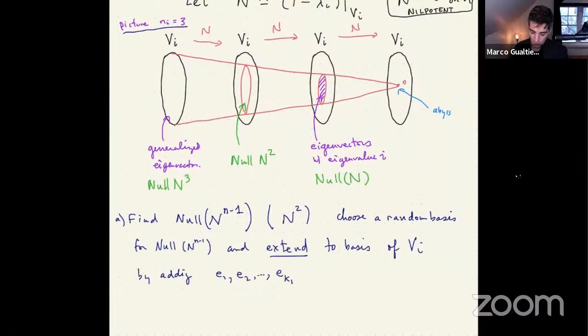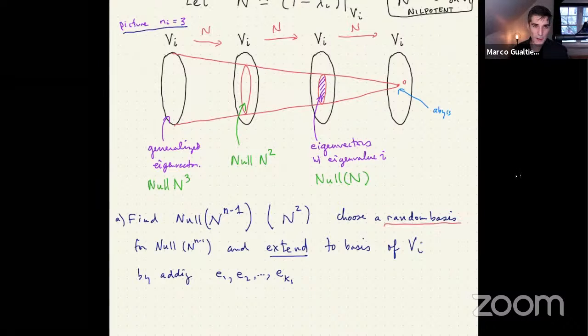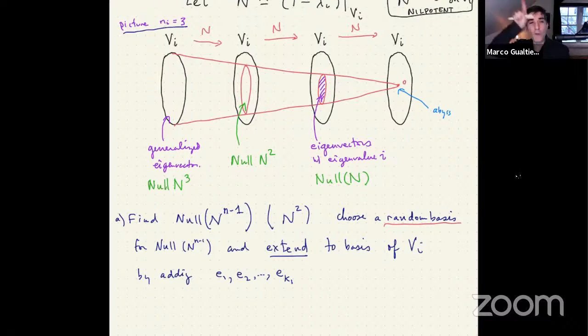We don't care about the choice of the random basis for this null space of n squared. What we care about are the extra basis vectors that we needed to add, because these ones, they live out here. That's where e1, e2, and so on live, which means that they are out here, right?